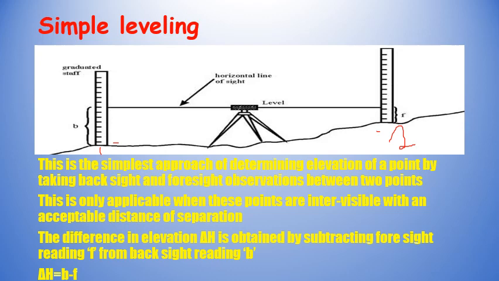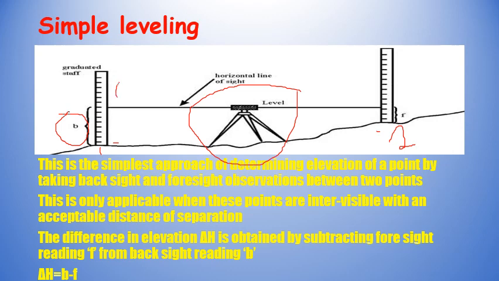So we just put the instrument in the middle here, and then we put the staff at the first point, then take the observation from that staff. That observation is going to be recorded as B. That is the back side.